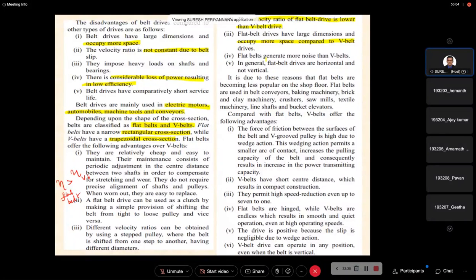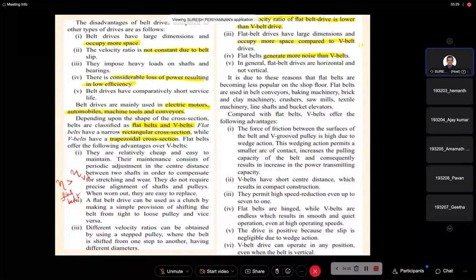A flat belt always generates more noise compared to the V belt, because when we try to transmit the power over more distance, obviously noise is going to be present. In general, we can't use a flat belt easily in vertical power transmission.